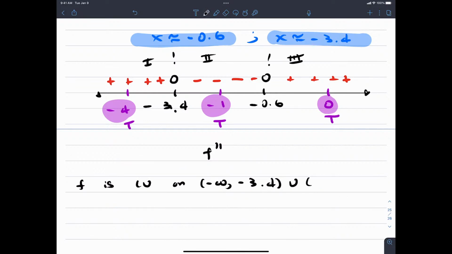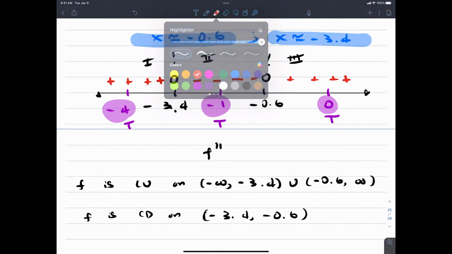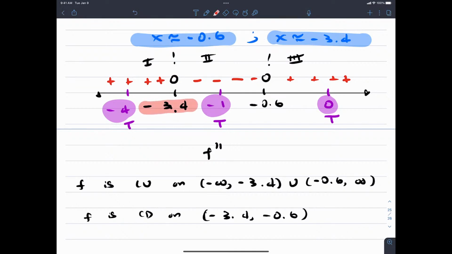Your book might have the exact value. Negative 0.6 up to infinity. f is concave down on what? The interval from negative 3.4 up to negative 0.6. You can use the approximation. Does it have inflection points? Say yes. Where are your inflection points?